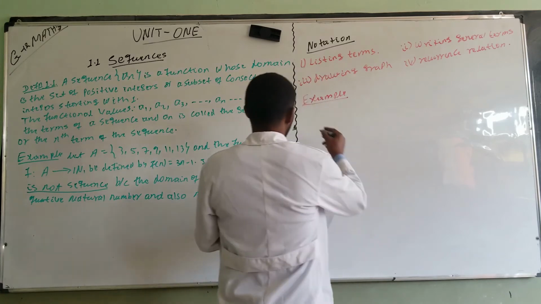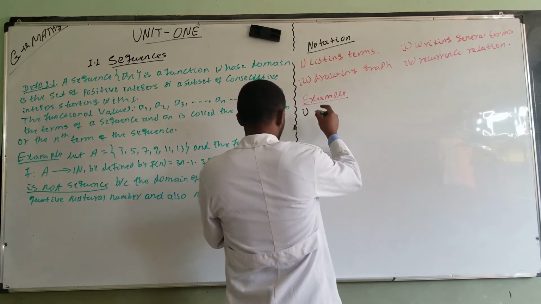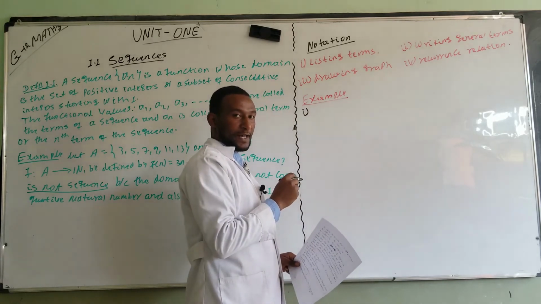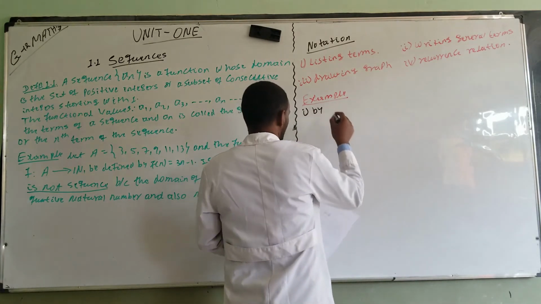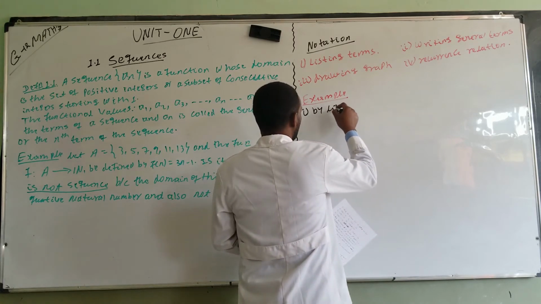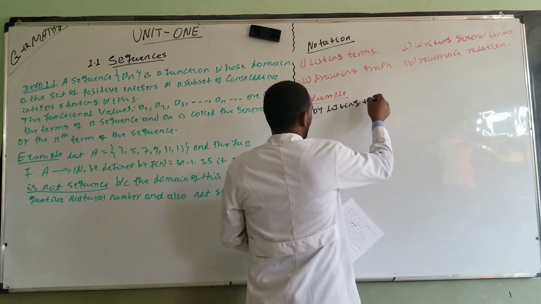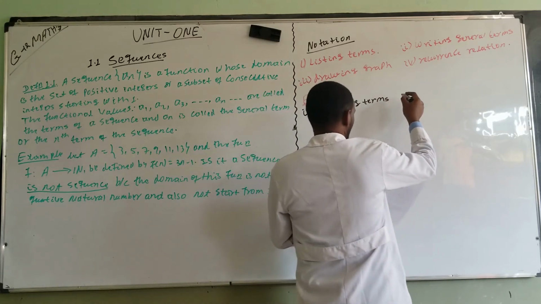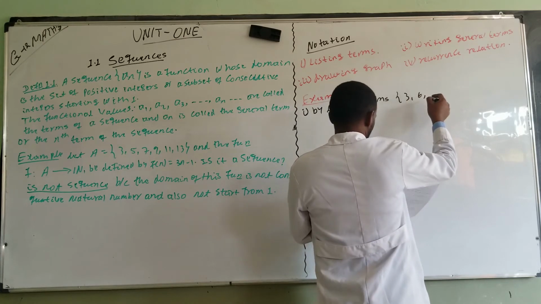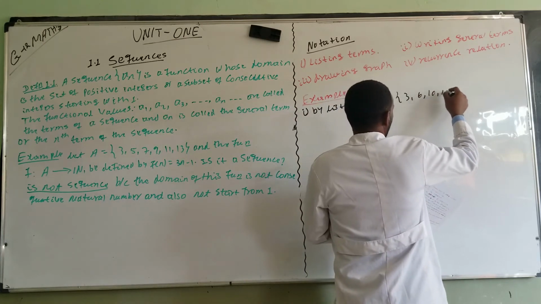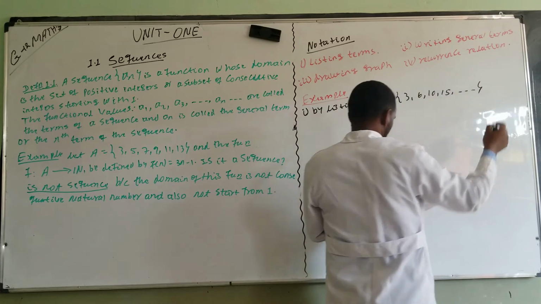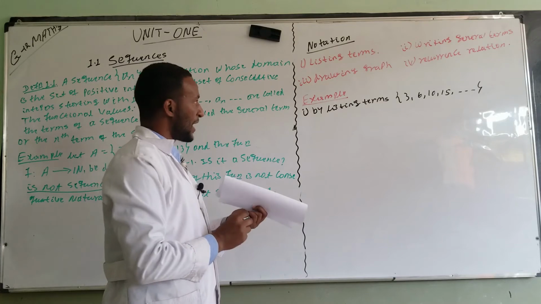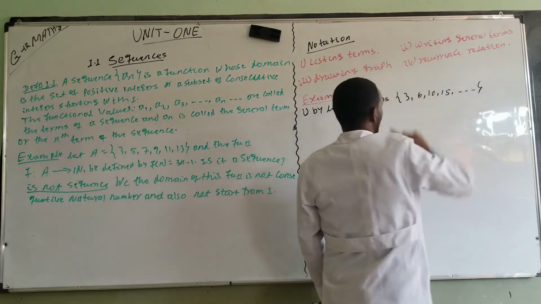Then let us see example 1. If the sequence is given by listing terms 3, 6, 10, 50, and so on, then we can express this by the other three methods.